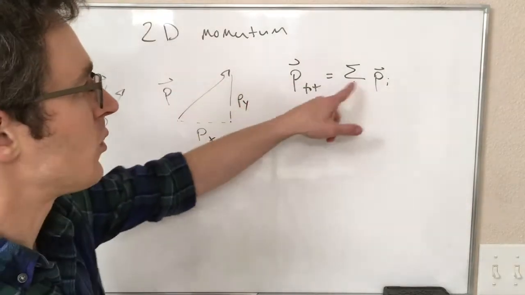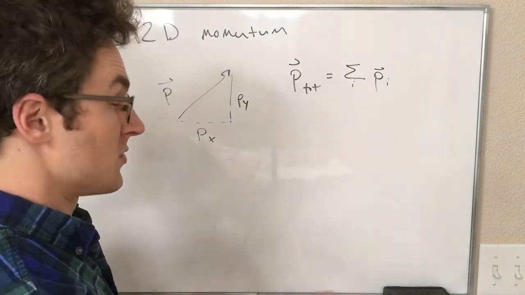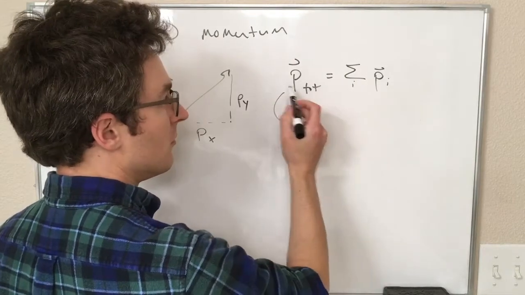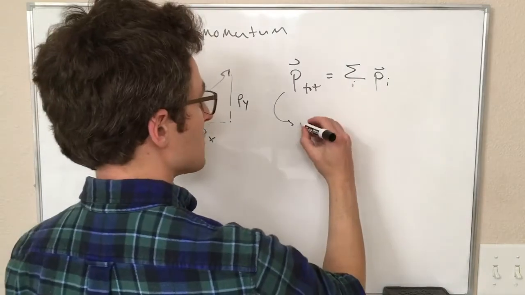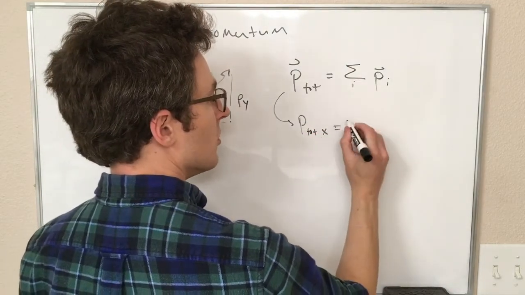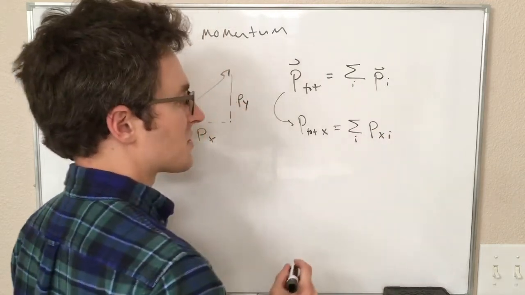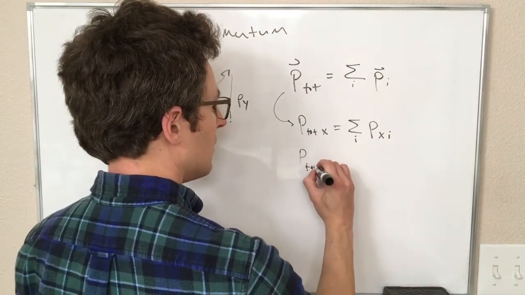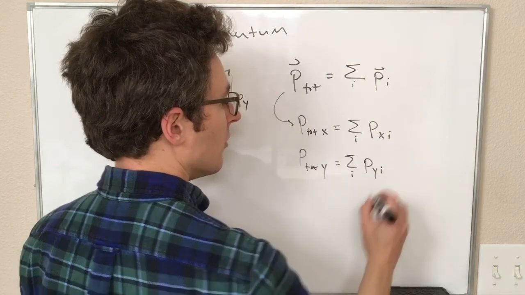And how we do this sum, how we combine those together, is just like any other vector, and that means we have to take this equation in the x direction, which means the x component of our total momentum is equal to the sum of all of the x components of the individual things, and the y component also equals the sum of all the y components.